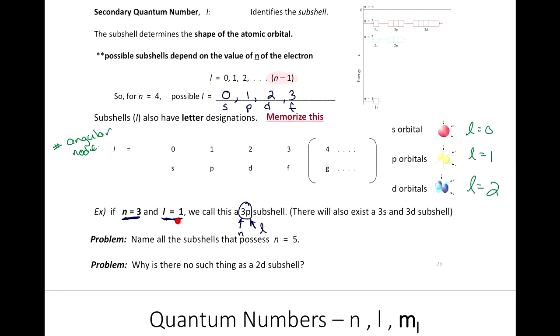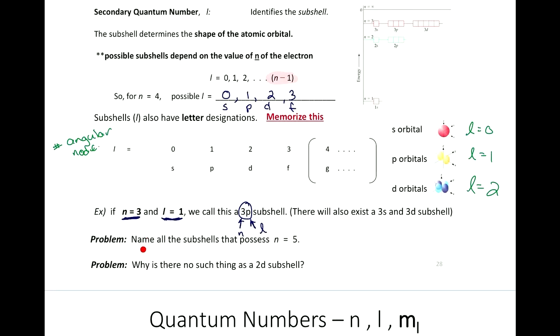Since I said that L equals 1, we have a p shape there. There will also exist 3s and 3d electrons as well, but the specific electron we are talking about is an electron in a p shape. We'll look at other examples and come up with all the quantum numbers that come out depending on what n level we're in.